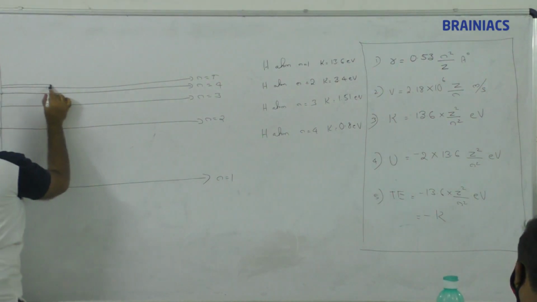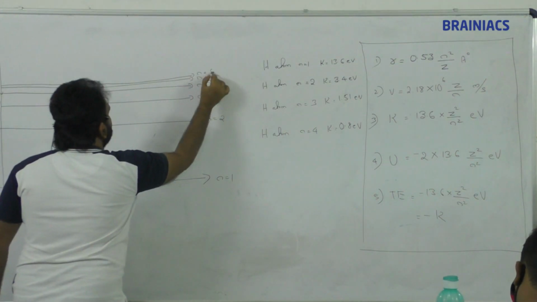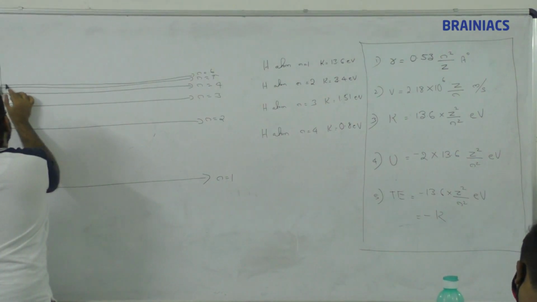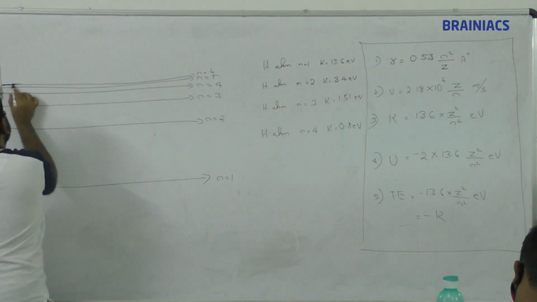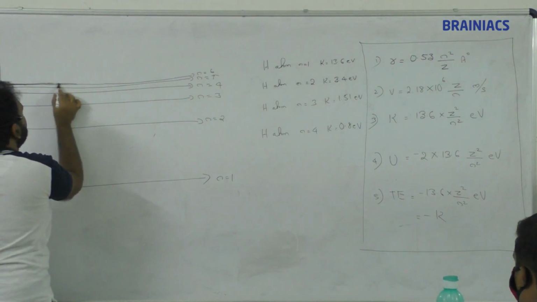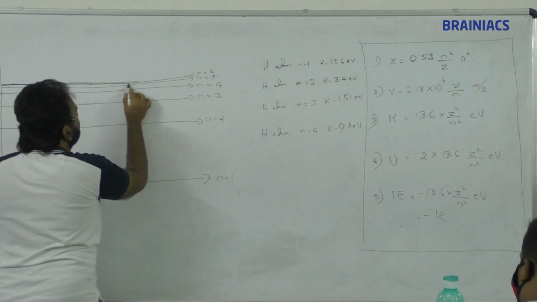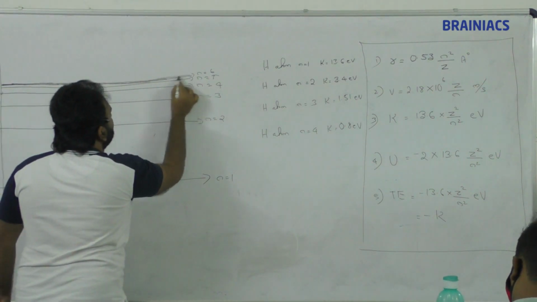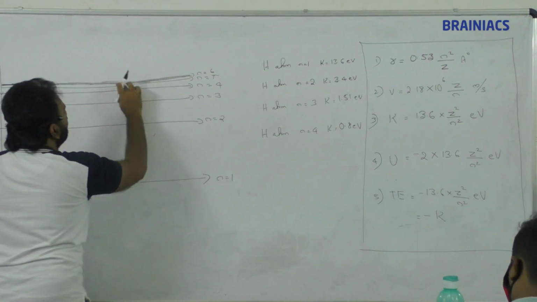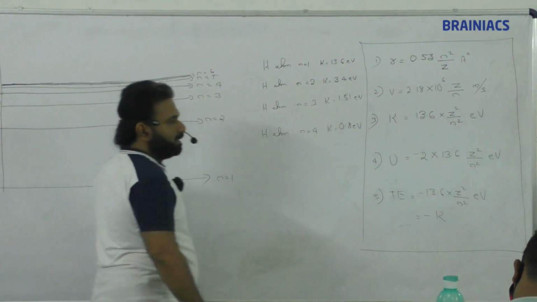Again, further if we go up, this is going to be N is equal to 6. Then it will be very close. So when you get N is equal to infinity, this is going to be continuously coming like this, and the energy will become 0. So this is the diagram.